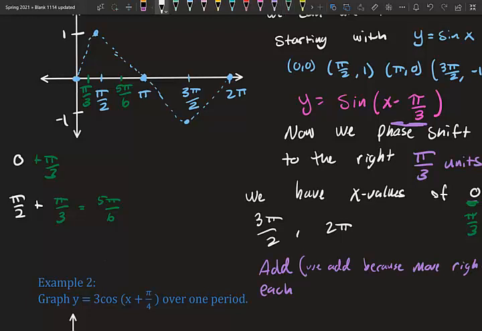Then our next value, we have pi plus pi over 3, and we get 4 pi over 3. Then we take 3 pi over 2 and add it to pi over 3, and we get 11 pi over 6.